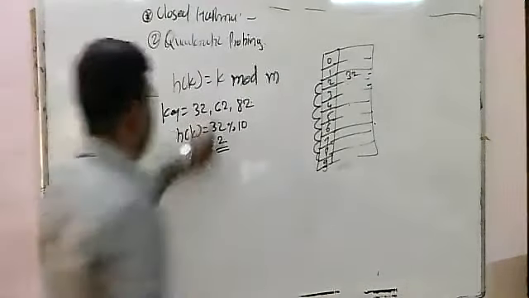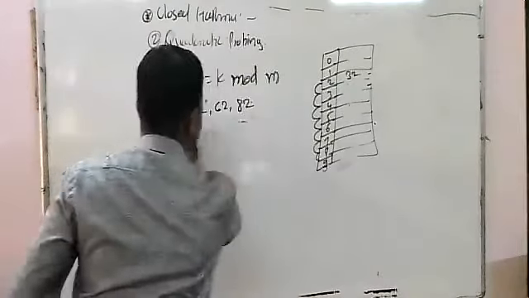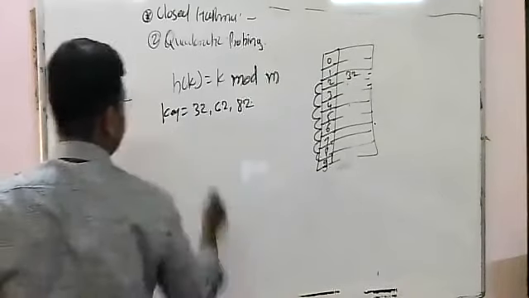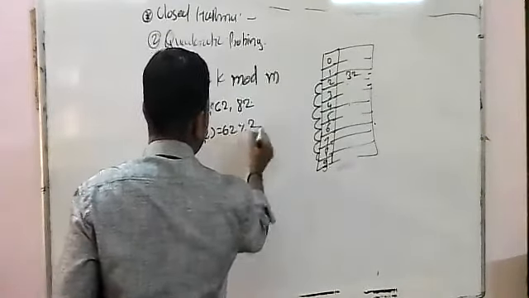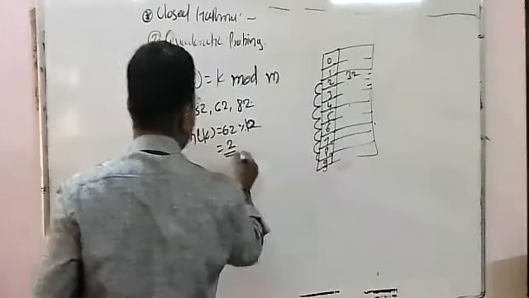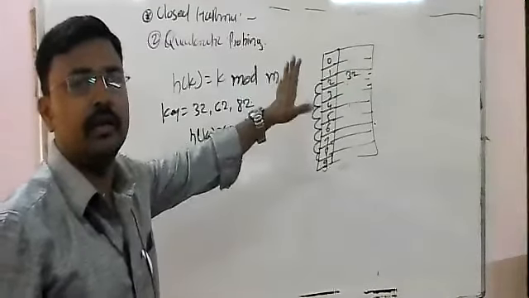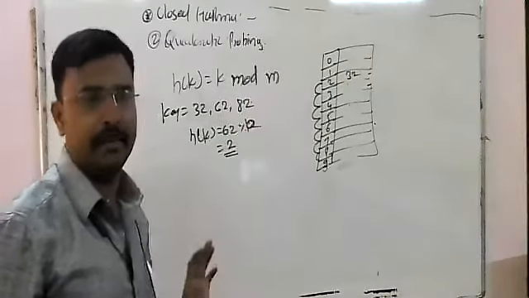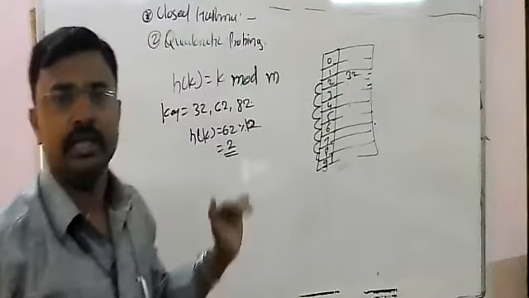Okay, now for 62, we are going to calculate the index. H of k is equal to 62 mod 10 is equal to 2. Now, for index 2, you can store only one element, means here collision occurs.